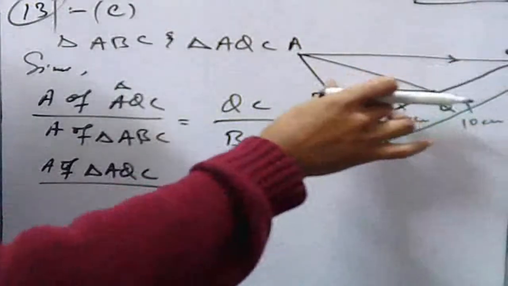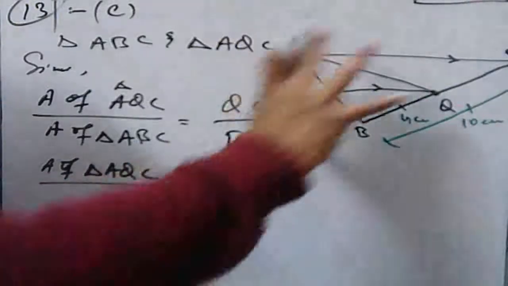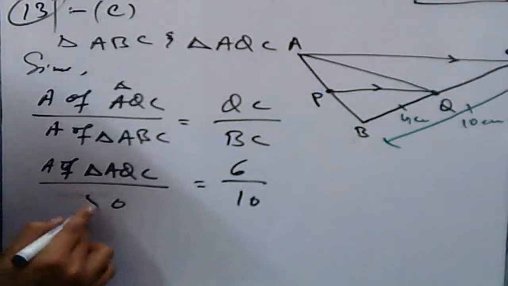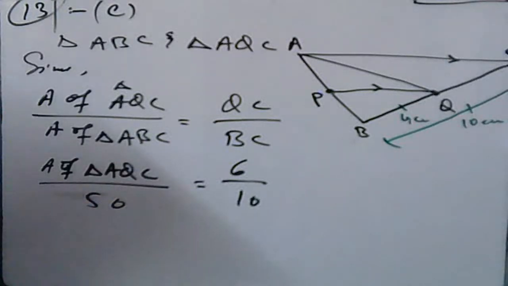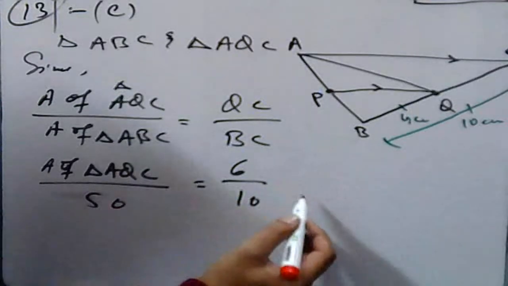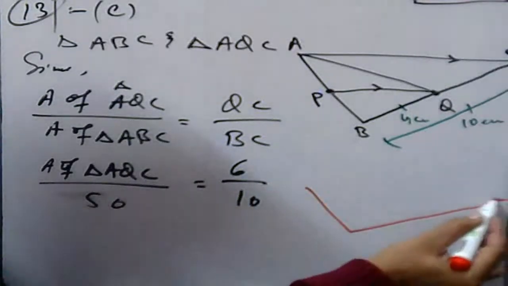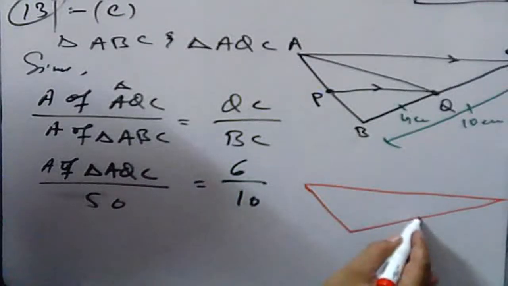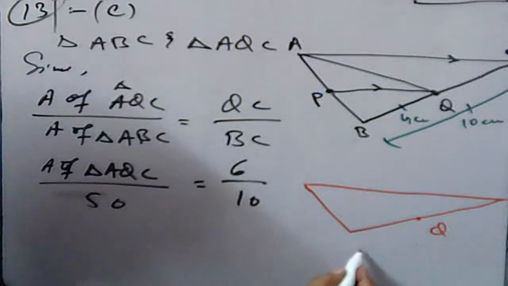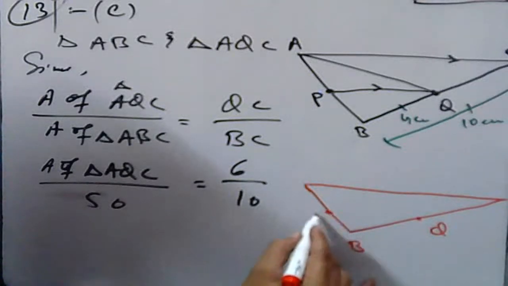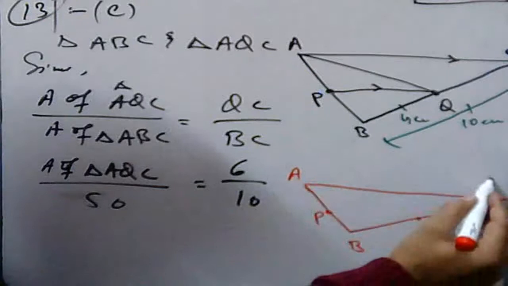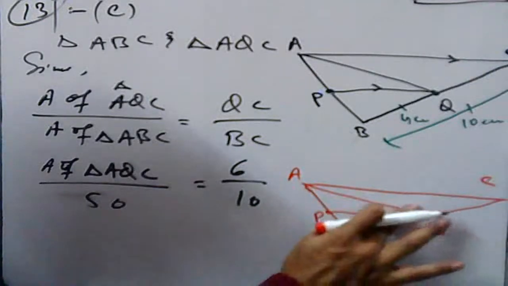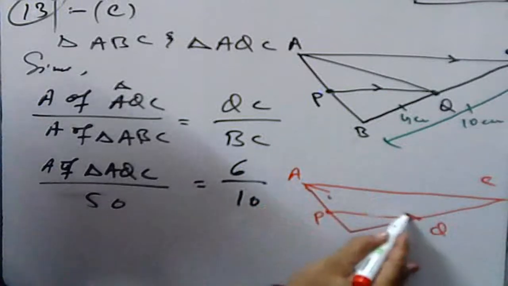So we have to use the area of the bigger triangle, that one is your 50. If you cut the piece to clear the concept, you need this portion. If you take the piece of a triangle outside from the given figure, you can easily understand that this is B, this is P, this is A, C, and that vertex joins with this one.